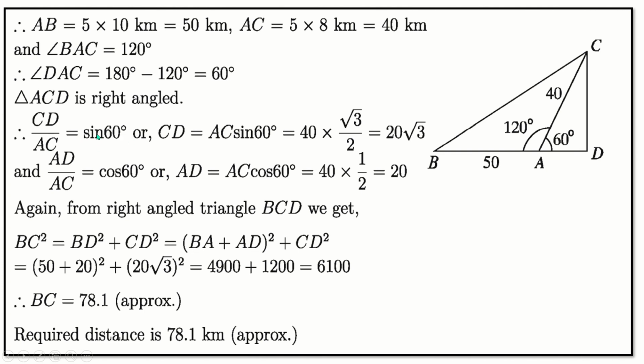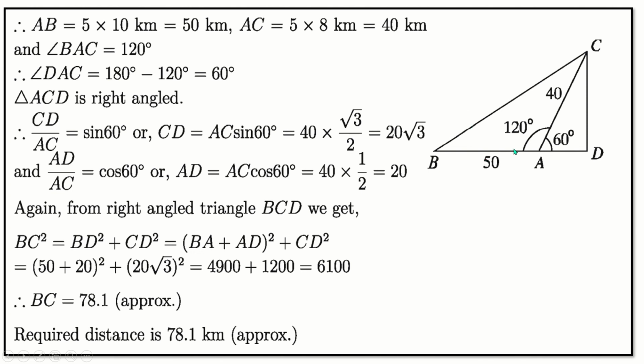So CD is equal to AC sine 60 degrees, but AC is equal to 40 km, and sine 60 degrees is equal to root 3 divided by 2, so we will get 20 root 3 kilometers.